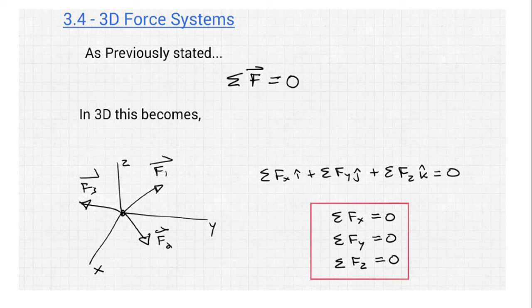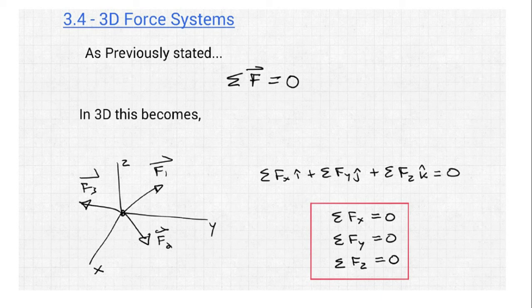Again, all the forces are converging at a single point, and they are called F1, F2 and F3. And how will we solve this system? By simply saying the summation of all the forces along x, along i, plus the summation of all the forces along y, j, plus the summation of all the forces along z, k, must be equal to 0.